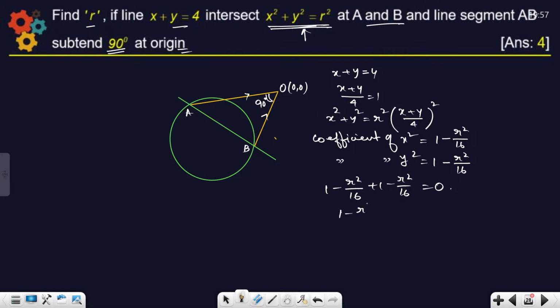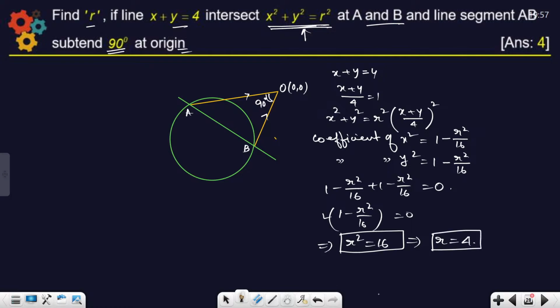So 2 times (1 minus r square by 16) is 0, which implies r square is 16, and so r is 4. Since r is the length of the radius, it cannot be negative, so I'm not taking the minus sign. Is it clear to all? Absolutely. So this is how we homogenize.